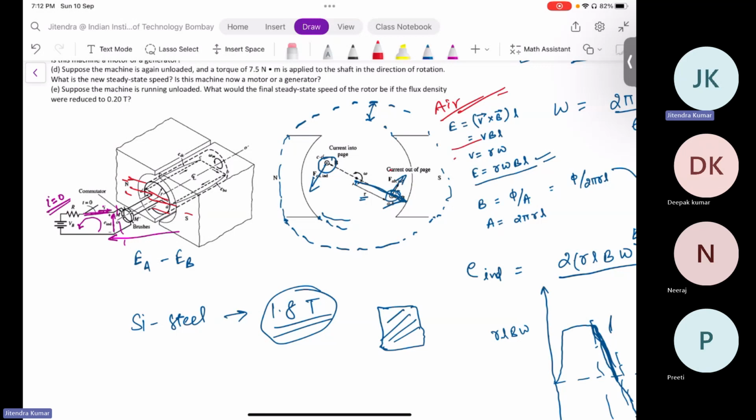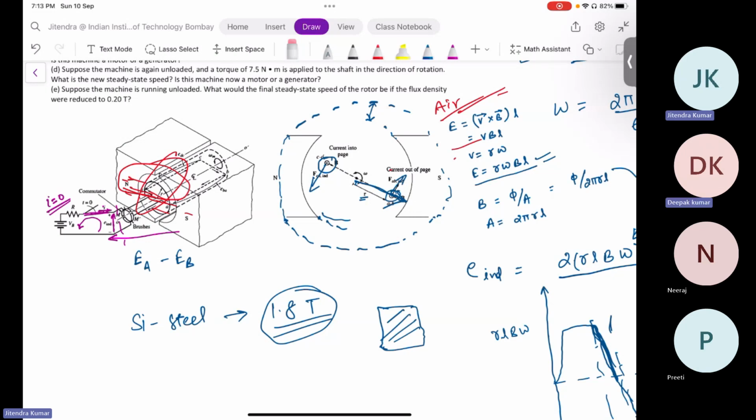As you increase the number of poles, your flux will be divided into four sections. One loop will be like this, one loop like this. So here flux per pole will be reduced, but total flux will be the same. You agree?